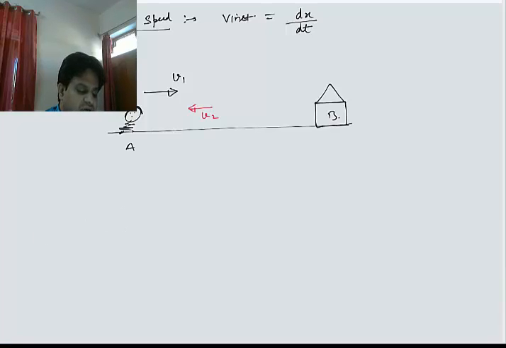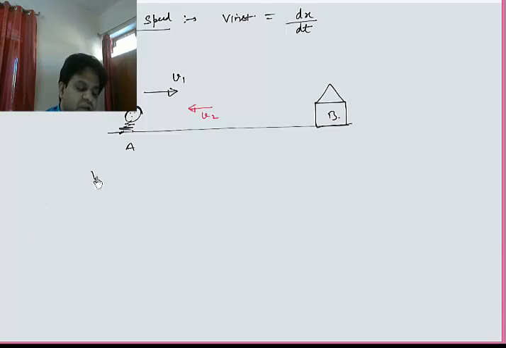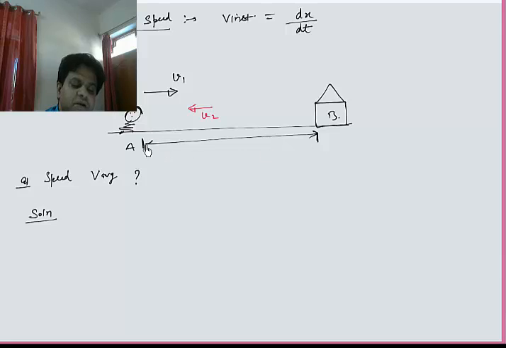So what we are required to do is we have to calculate the average speed of the person. So in order to calculate average speed of the person, we have to suppose that the distance between this point A and this point B is, let's say, D.